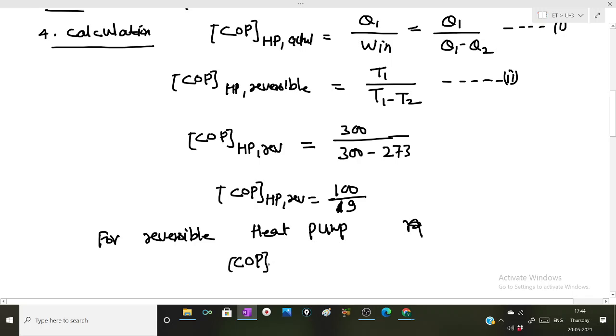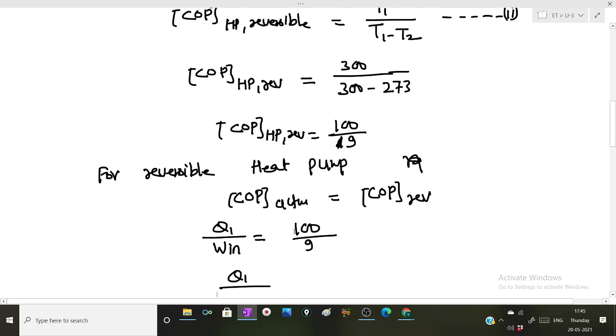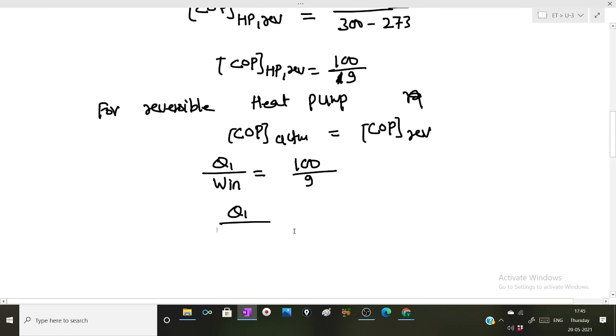the actual COP will be equal to the Carnot or reversible COP. Got it? What is the actual COP here? Q1 over W input. What is the reversible COP? Just now we have calculated 100 over 9. We are supposed to calculate Q1, and what is W input? W input is nothing but 3600 kilojoule.